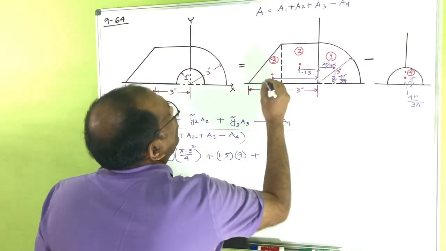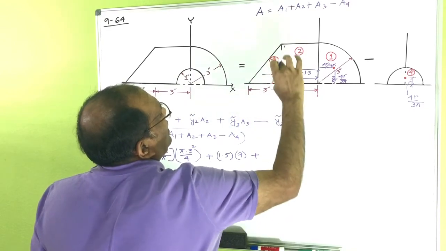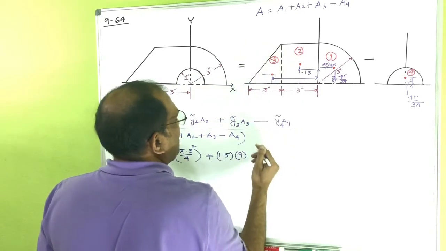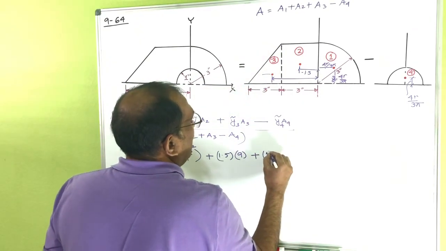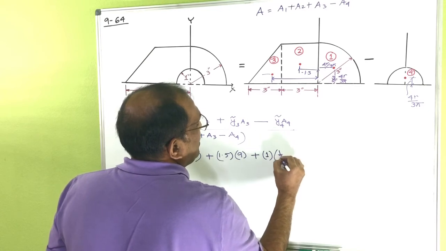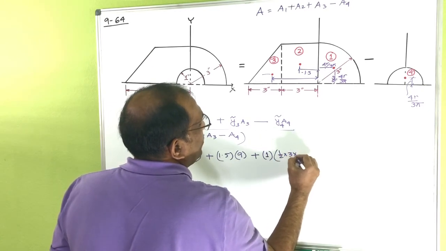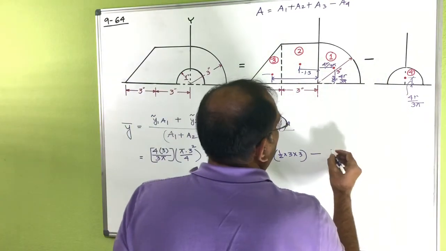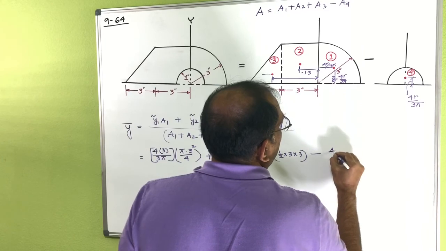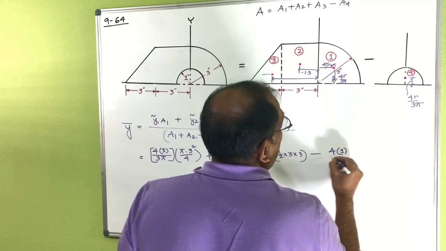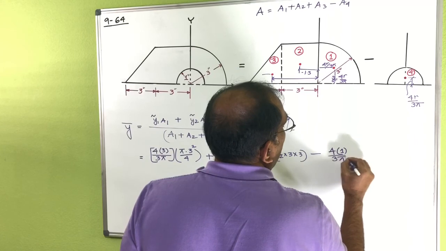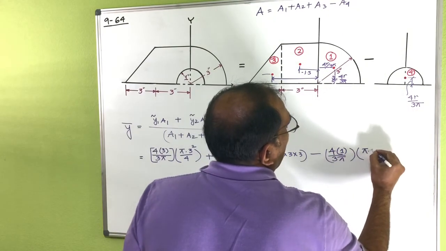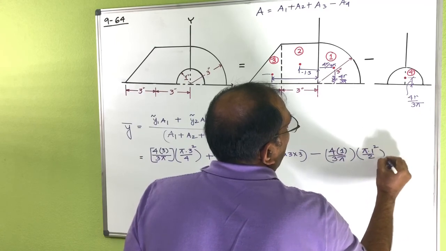plus for this one you can see the y squiggly bar, that has to total 3, and this is apex and this is the base, so 1/3 from the base, that's actually 1, and the area is half into 3 into 3, minus y squiggly bar, which is 4 into 1 divided by 3 pi, and the area of this one is pi 1 square by 2.